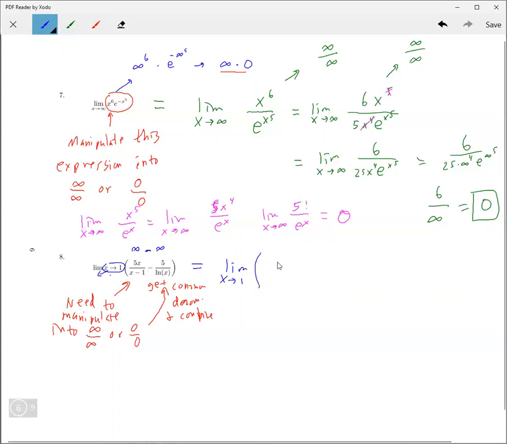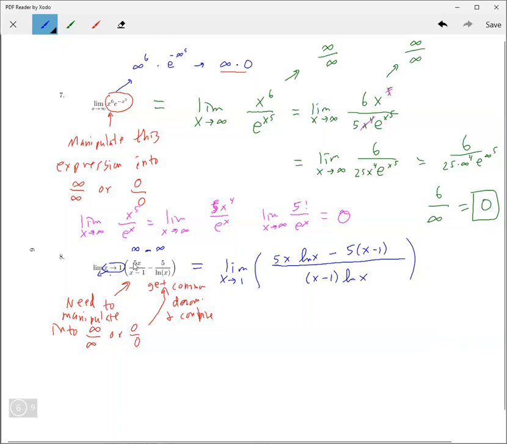So we're going to take this first one and we'll multiply by log x over log x. And we'll take the second one and we'll multiply that by x minus 1 over x minus 1. Okay, so we get that.